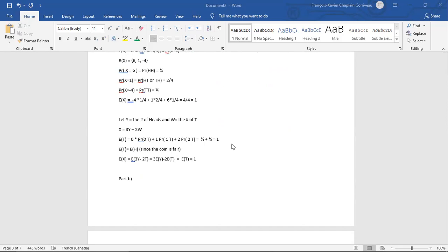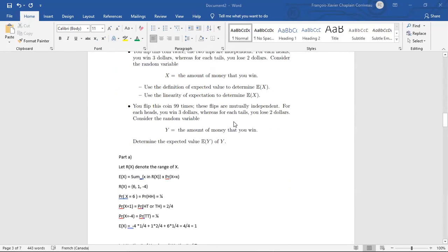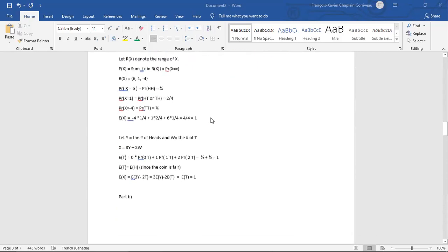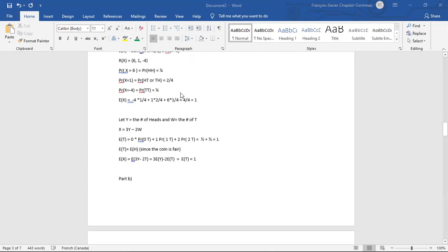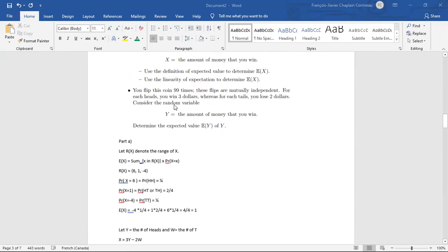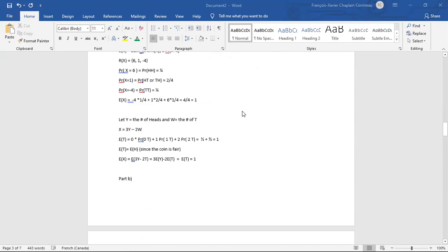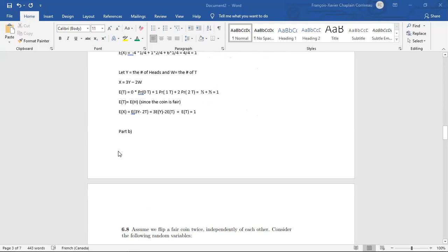So here you don't need a binomial. You could use a binomial, but try to make use of part A. There are several things you can do here, but the idea is to look at each individual toss.